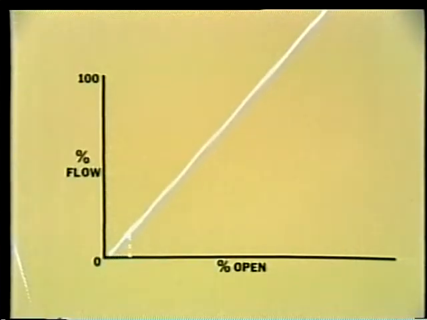The graph shows that for each percent the valve is opened or closed, the flow will change by the same percent. If the valve position is changed from 1/8 of the way open to 1/4 of the way open, flow will increase the same amount, by 1/8 or by 1/4. Now, this is linear flow. Linear flow characteristics are often required when flow through the valve must be carefully controlled.